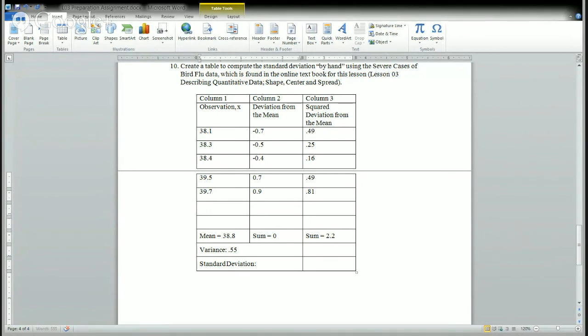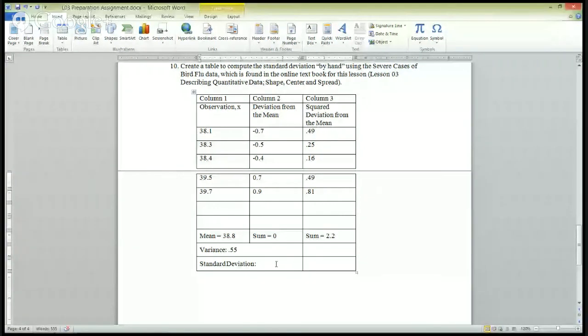So the standard deviation is the square root of 0.55 divided by n minus 1? Yeah, so n stands for the number. So S squared is that. Divide the sum. Okay, yeah.